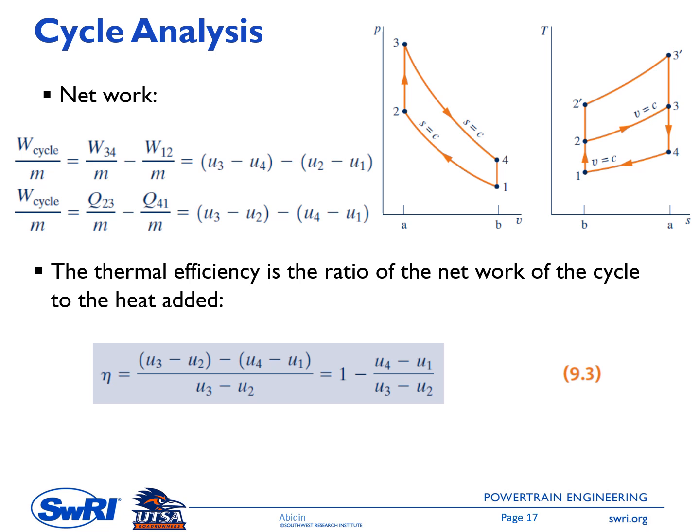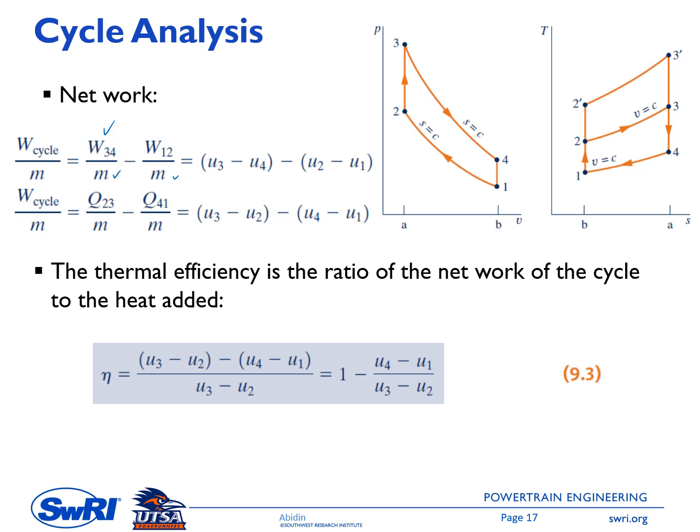And then to get the net work, we can get it from the difference between the work produced by the system minus the work required by the system for doing the compression. So W34 minus W12 here, all per unit mass, is equal to (U3 minus U4) minus (U2 minus U1).